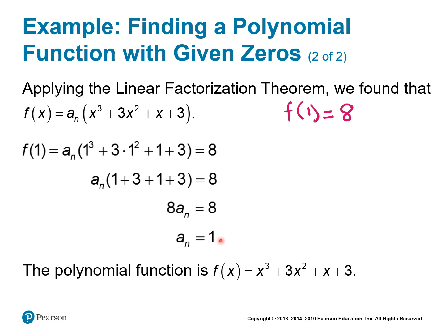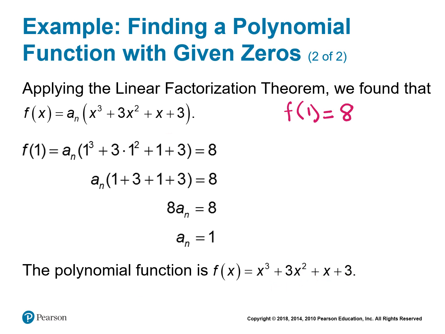We just need to plug in that value into the polynomial in place of a sub n. And because it's 1, we can just write it as f of x equals x cubed plus 3x squared plus x plus 3.